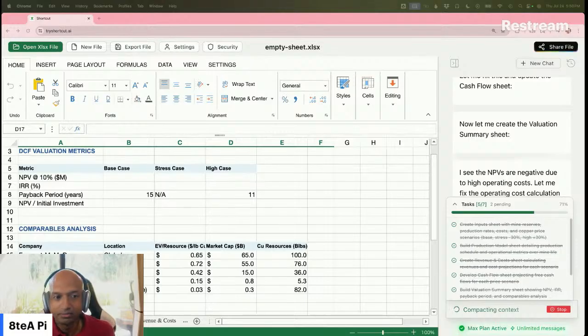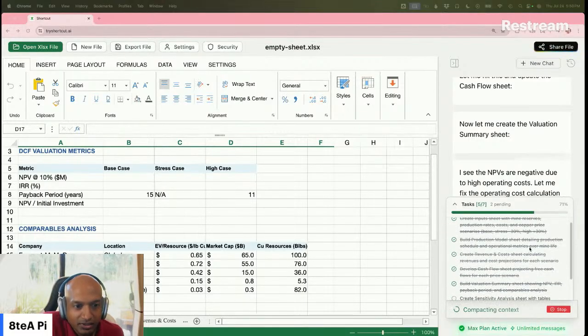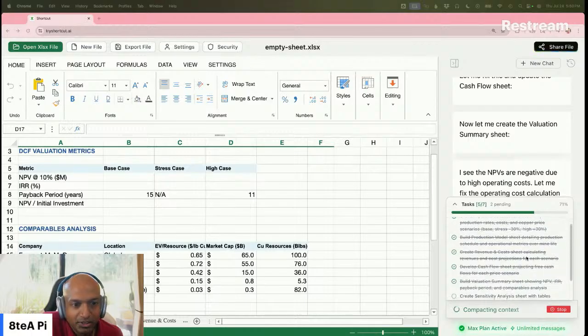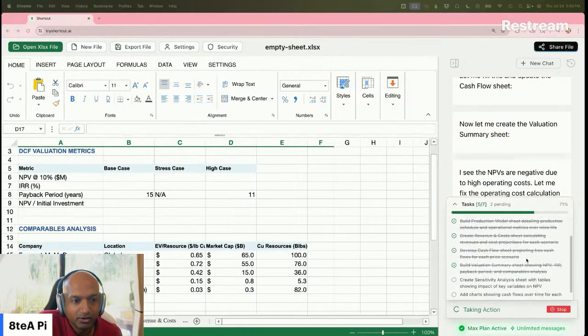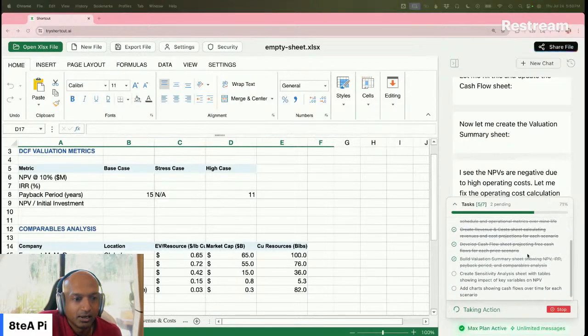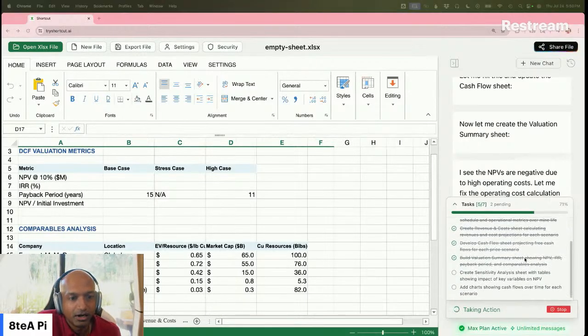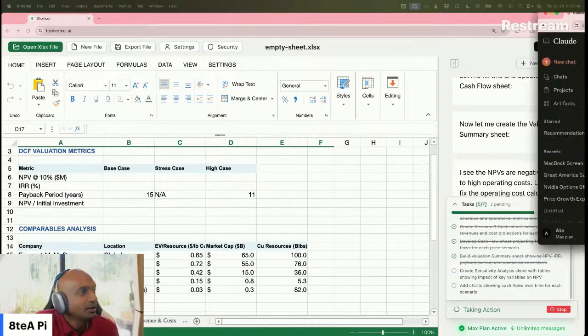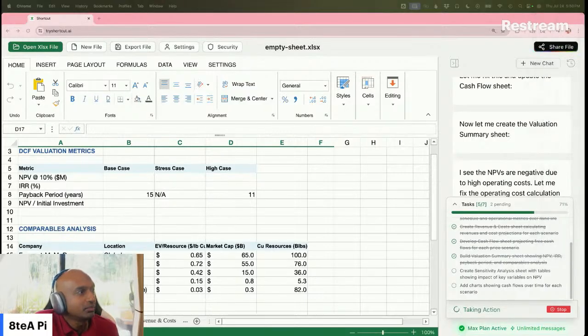Off you go, Claude. All right, so it's create input sheet, build a production model, create revenue and cost sheet, develop cash flow, projecting free cash flows for each price scenario, build valuation summary. All right, let's look at Pebble Mine, Alaska.